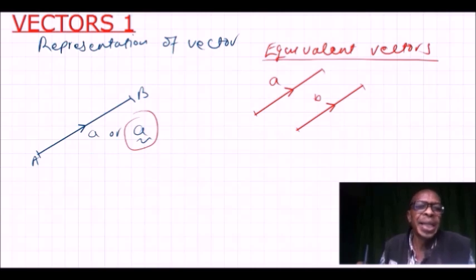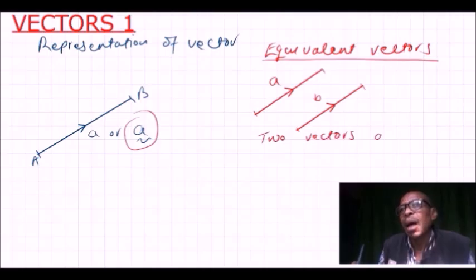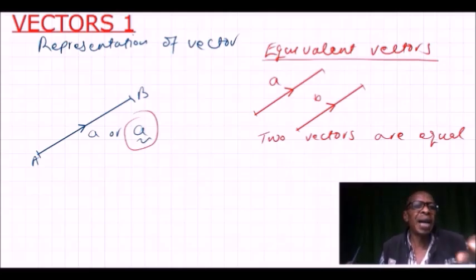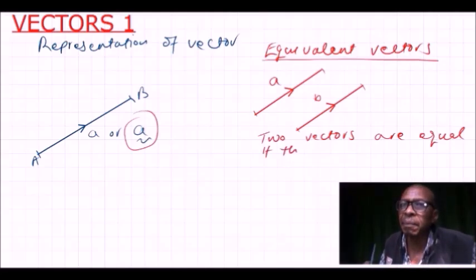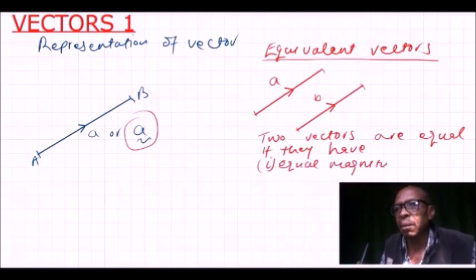So we say two vectors are equal if they have equal magnitude and the same direction.